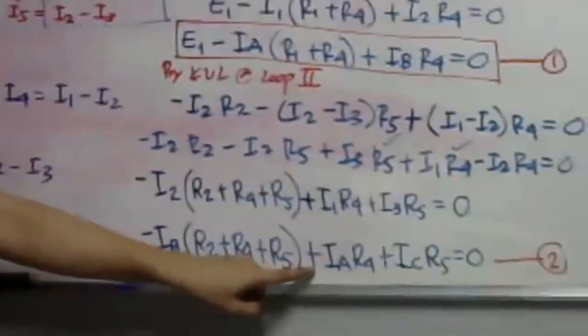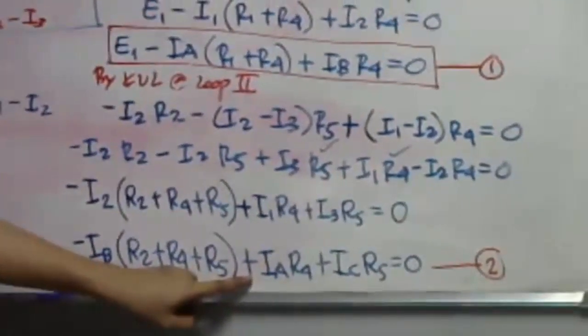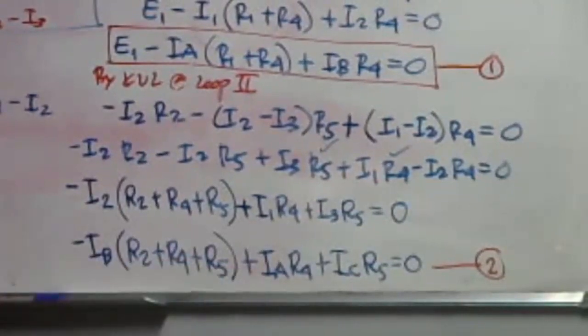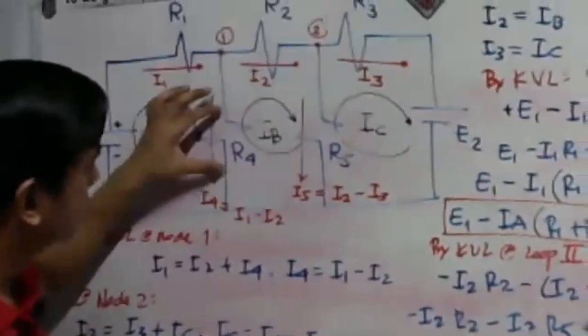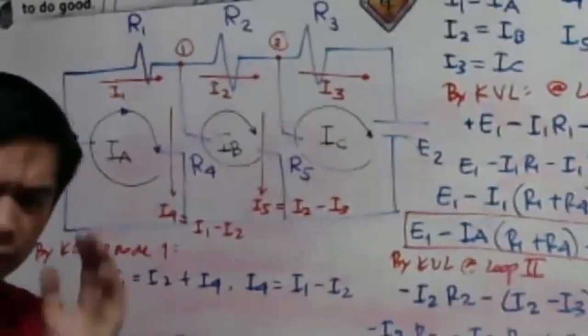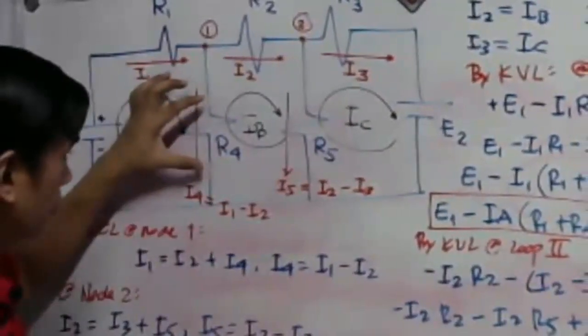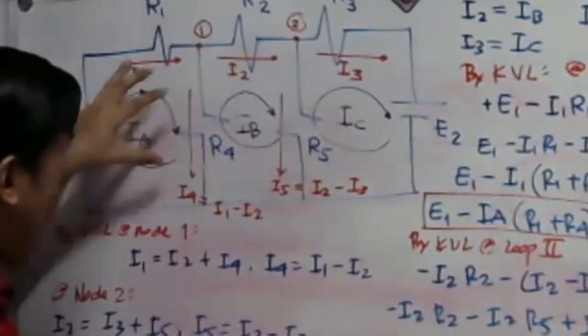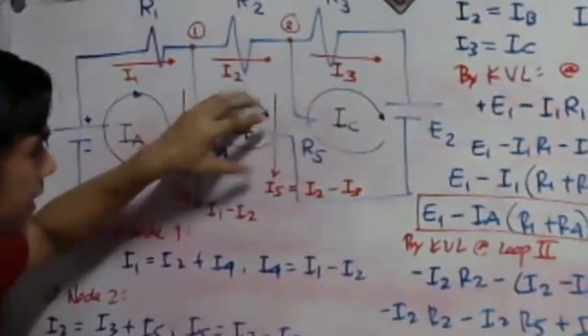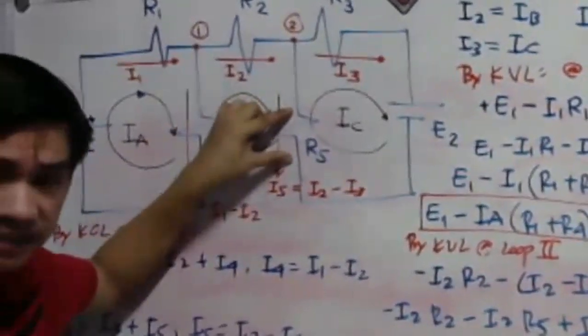Plus the product of the IA, because R4 is what we call a common resistor. What do I mean by common resistor? R4 is a common resistor that is common to both loop 1 and loop 2. R5 is also a common resistor.